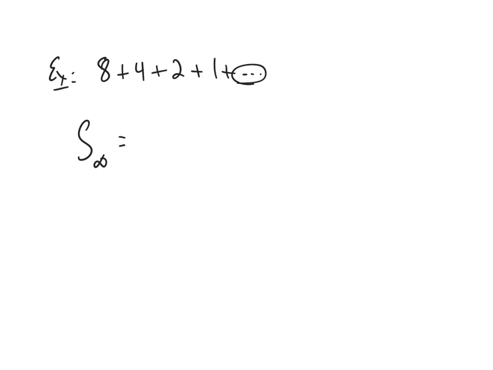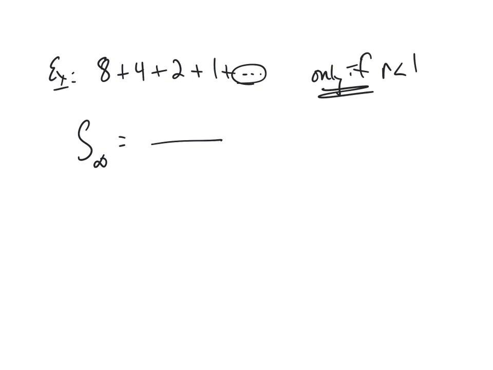As an example, if I were to give you these terms, 8, 4, 2, 1, and so on, but make it infinitely big, could you calculate that infinite sum? The answer is going to be yes, only if r is less than 1.